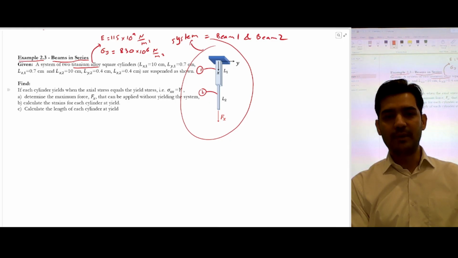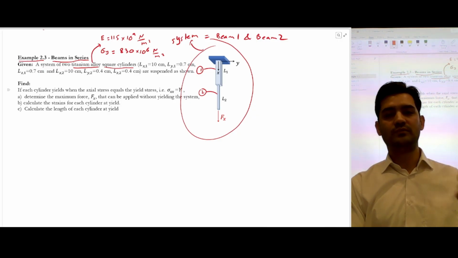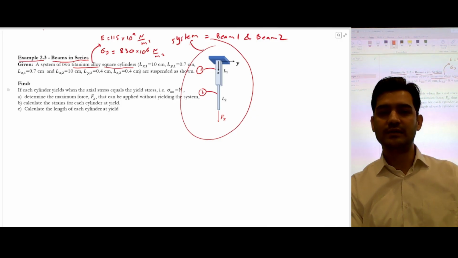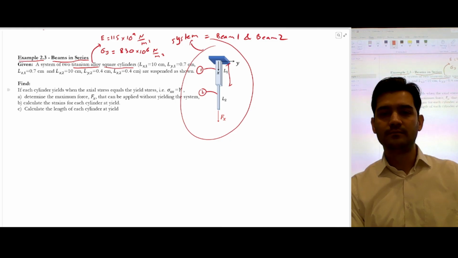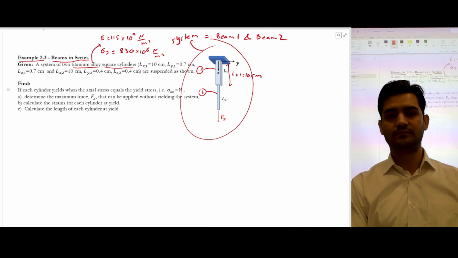They've also given dimensions. So these are square cylinders. This beam 1 and beam 2, the cross section is square. So the length LX1 is 10 centimeter.